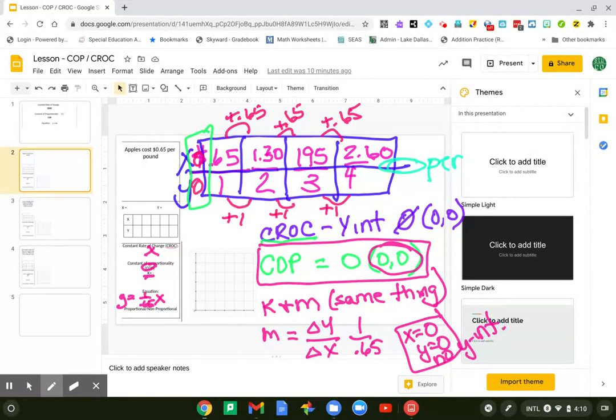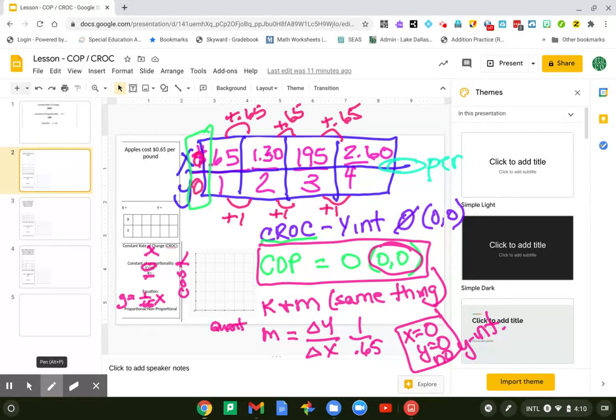All right, so if we create a graph down here, let's talk about the cost is 65 cents. Oops, I'm sorry, that's the cost, and this is the quantity.